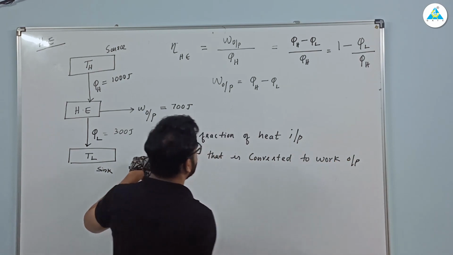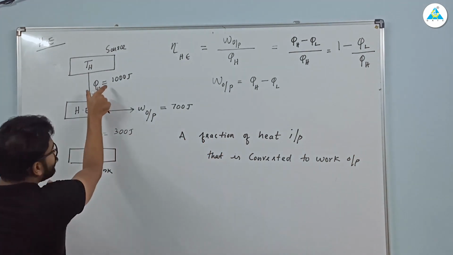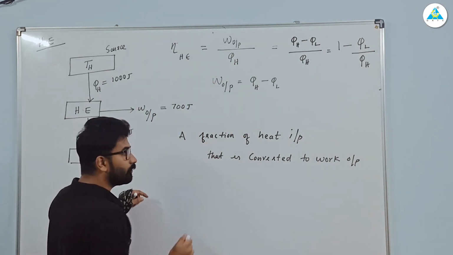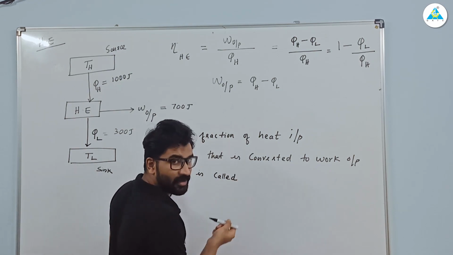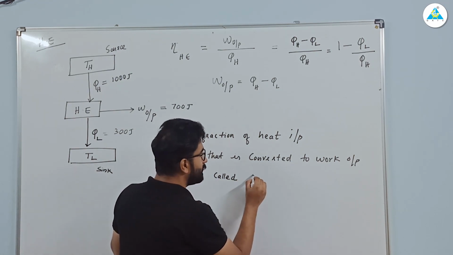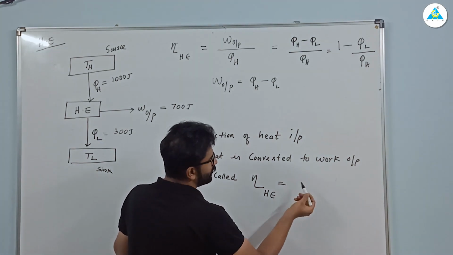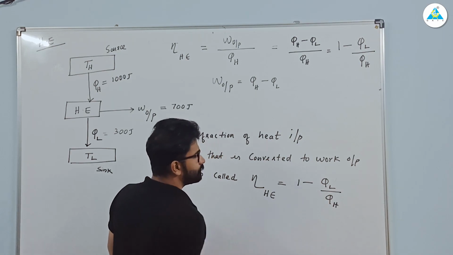That is called the performance of a thermal heat engine, or we say the efficiency of a heat engine. The equation is 1 minus QL by QH.